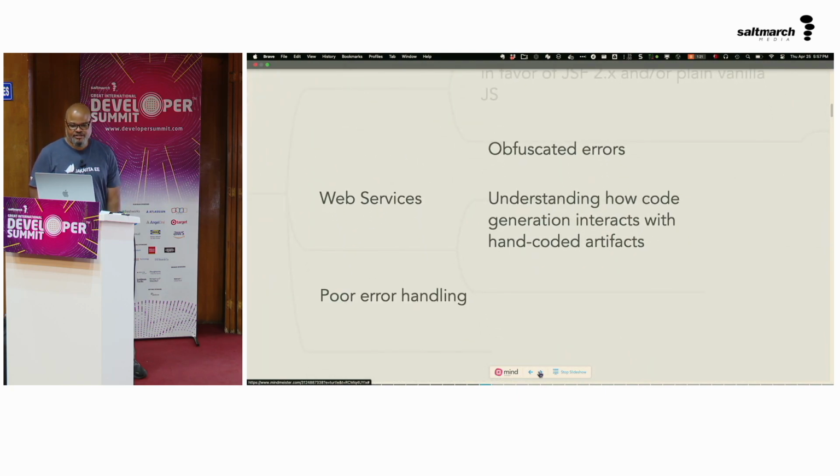But what was interesting were a few things. The web services were kind of a pain to work with. They were very good at obfuscating errors. And JAX-RPC does a lot of code generation, so we had to sort of understand what was being generated and what wasn't and how all that worked together. So that was a lot of fun.